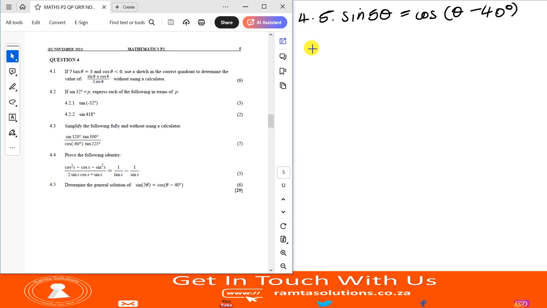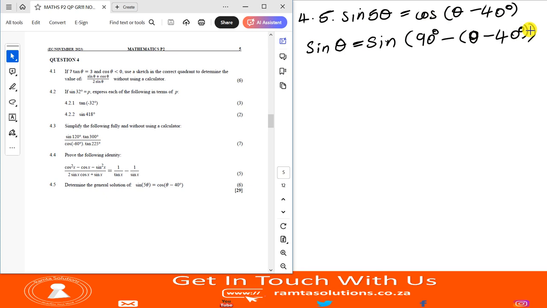Because this is trigonometry, I can make the right-hand side or the left-hand side to be sine or to be cosine. So I want to work with sine. So I will make the right-hand side to be sine. This is similar to saying it's sine of 90 degrees minus, open bracket, theta minus 40 degrees, close.